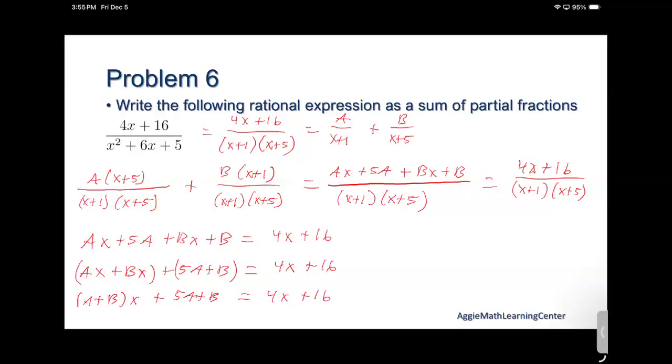And so a plus b is going to have to equal 4, because a plus b times x equals 4x. And then the same with the other terms, 5a plus b equals 16, because those don't have any x term associated with them.